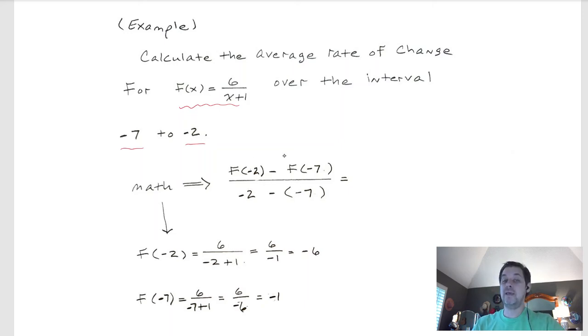Now, here's what the formula says we need to do. We take f, the function value at the larger number, -2, minus the function value at the smaller number, -7, over the larger number minus the smaller number. It's the same formula that I started the video with. What's different this time?